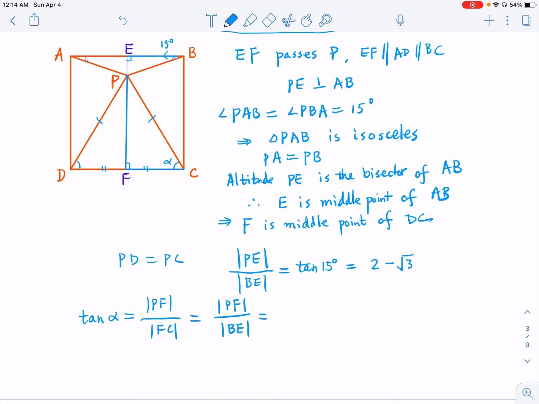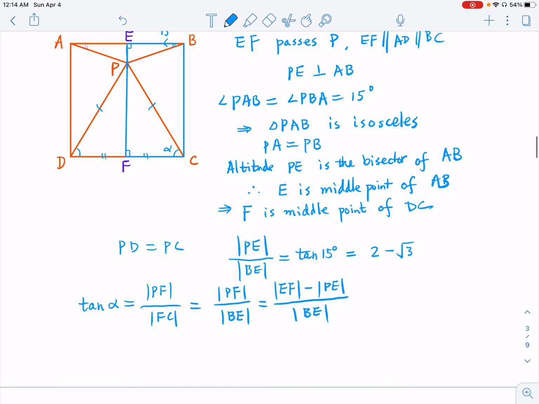So let's rewrite PF, which is EF minus PE, divided by BE. Now you may ask, what is EF? The full length EF is equal to BC.